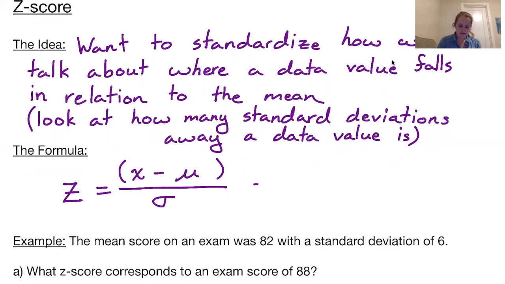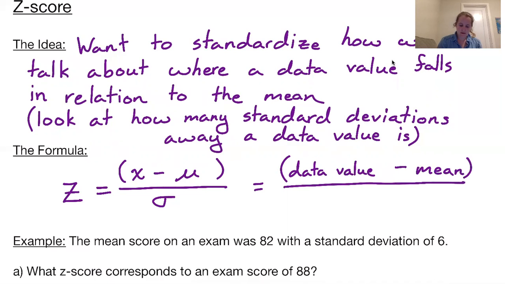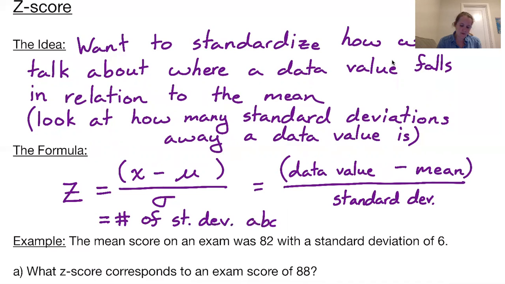Again, this is really the data value minus the mean divided by the standard deviation. And this is calculating the number of standard deviations above the mean.